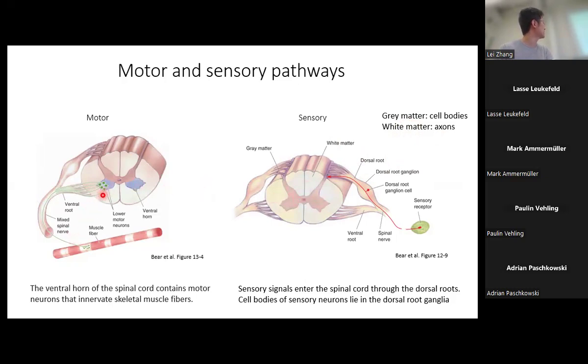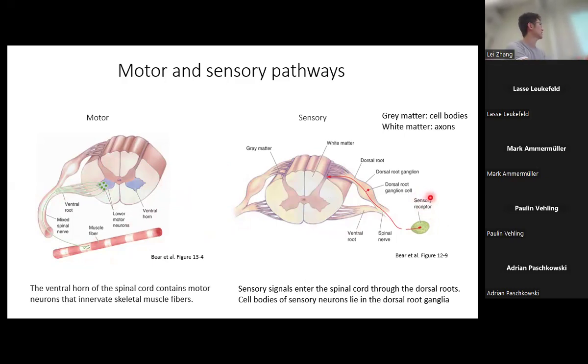The cell body of the alpha motor neuron is located in the ventral part of the spinal cord, meaning the front. Here is the cell body of the alpha motor neuron, and then it goes through the ventral root to the muscle, where it innervates muscle fibers. In the other direction, from the muscle to the spinal cord, is the sensory pathway.